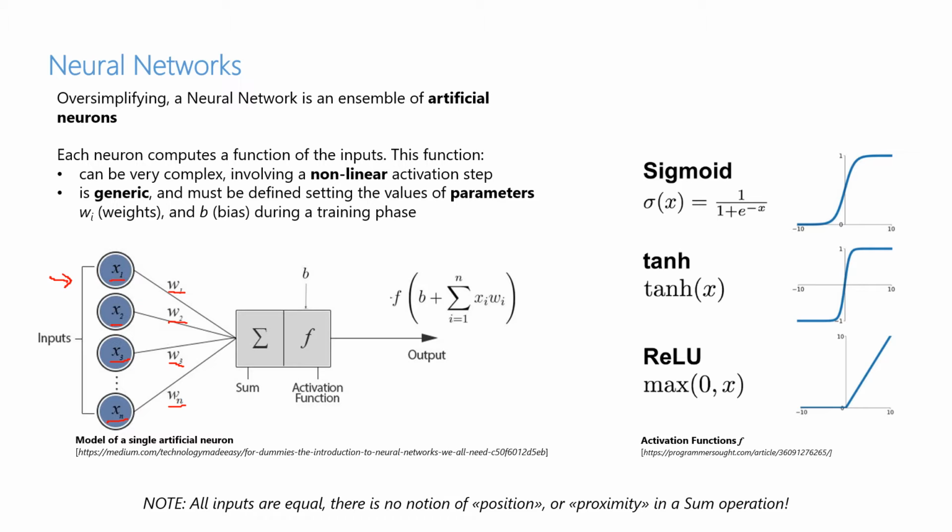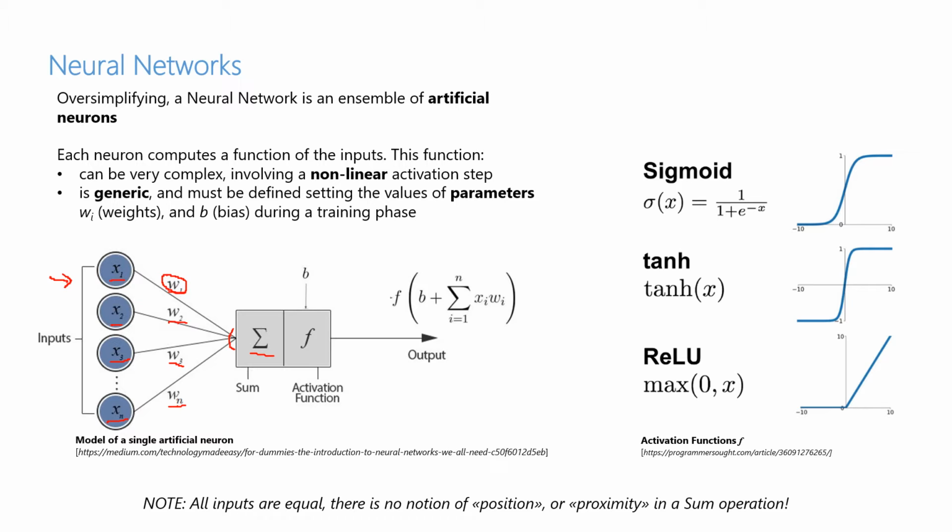And after being multiplied, each of them for its own weight, these are the names of these parameters, they reach a sum operation that takes all these terms and makes an addition.